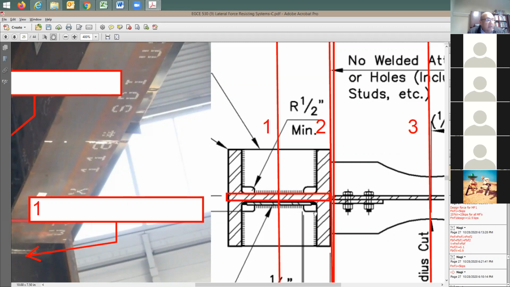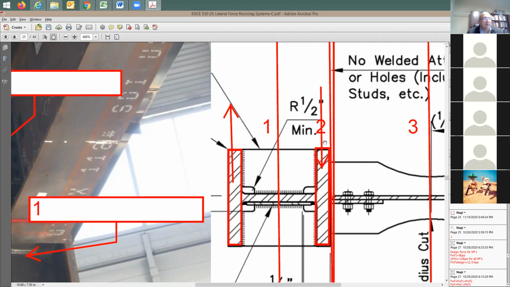How about the tension force at the moment? We're going to say most likely it's going to be taken by the flanges. This is why, in some analysis, I'm sure you hear the term T and C, the couple. Here is going to be tension, and this is going to be compression. Did you hear about this before?